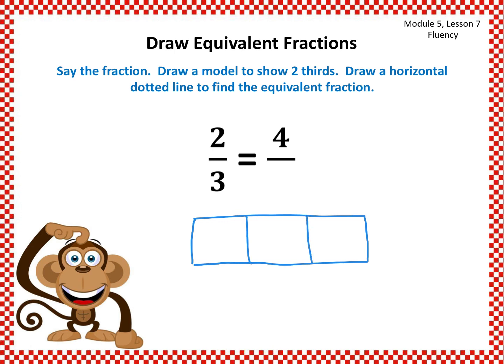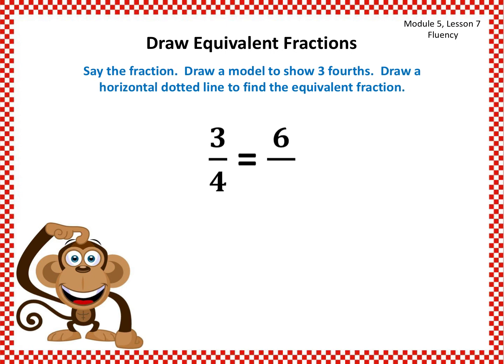And so we will actually color in or shade 2 of those thirds. Then we're going to draw one horizontal dotted line, which will go across. And now instead of thirds, we have 1, 2, 3, 4, 5, 6, but 1, 2, 3, 4 sixths are shaded. So 2/3 is equivalent to 4/6.